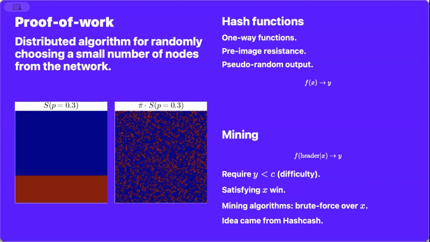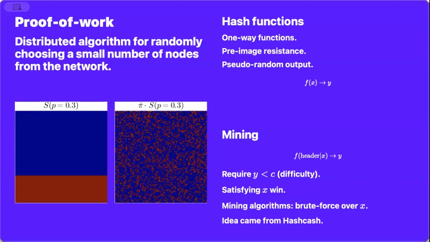So we look at the most recent transaction, have the digest representing that transaction, and then we concatenate it, that's the vertical bar, concatenate the header with some input x and evaluate that hash function to get an output value of y.